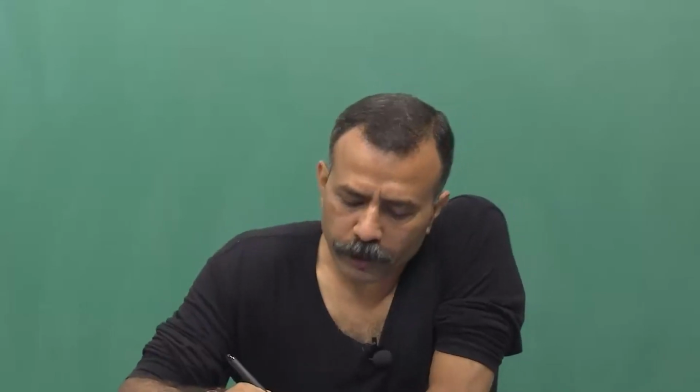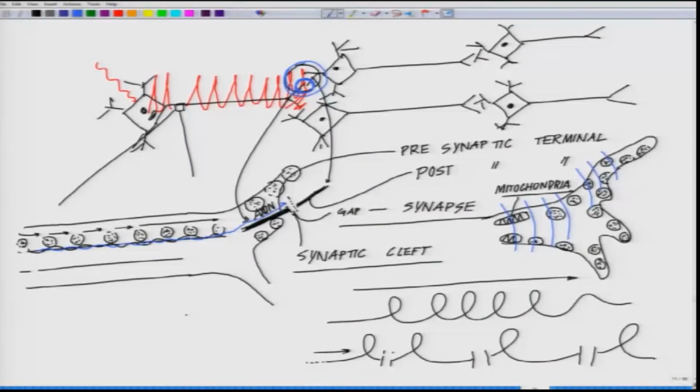So, once the action potential reaches the tip, what happens is a certain unique flux of cations takes place, and how it takes place will come later, okay, which are mostly calcium, and this is all happening inside.